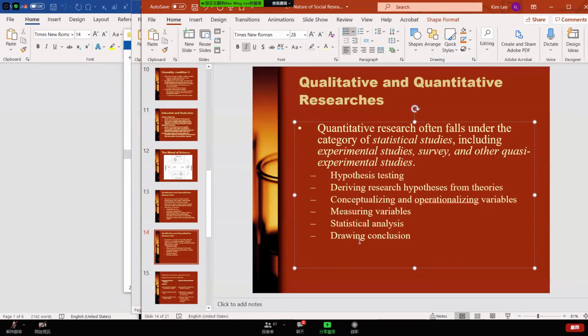So these are the standard steps for doing quantitative research. It is pretty standardized. So when you write your research proposal, I want you to write a quantitative research proposal, because there are definite, very clear steps to follow. Okay, you won't miss it.